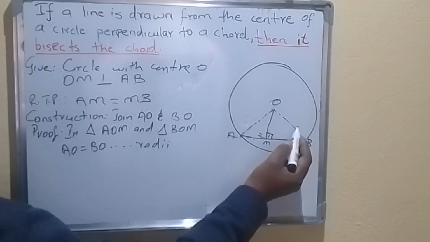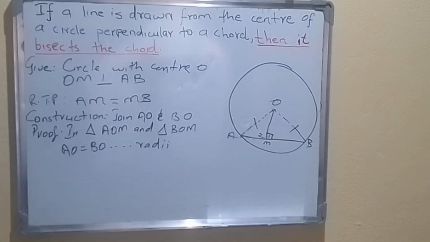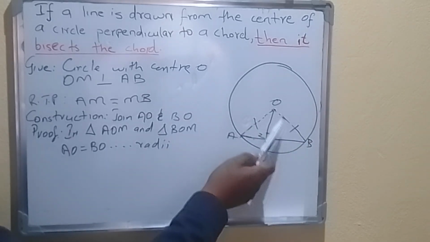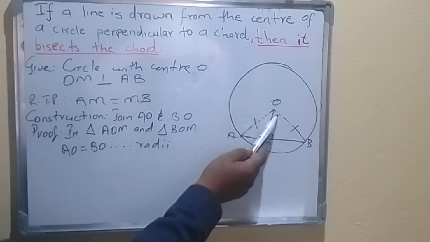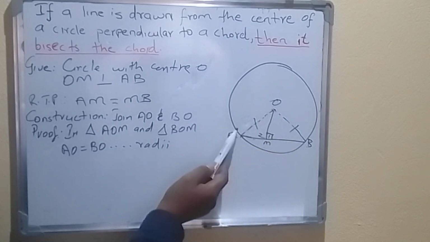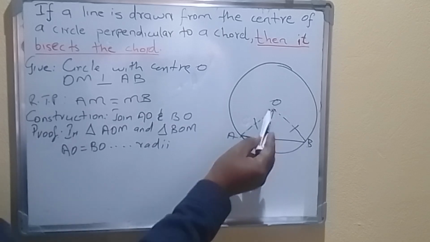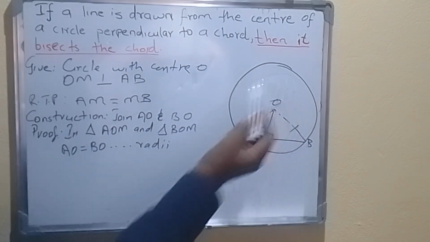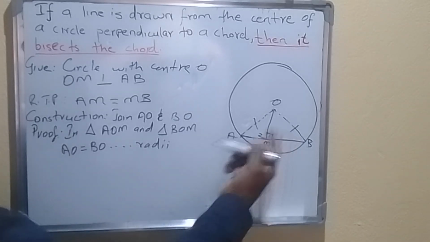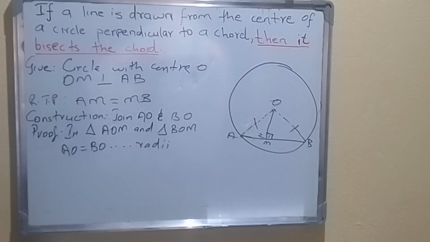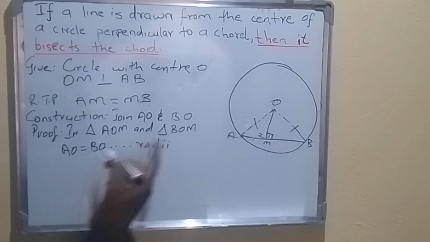The radius of a circle will be the same. Even if I draw another one here, it will be the same size as these two. So radii of a circle are the same.